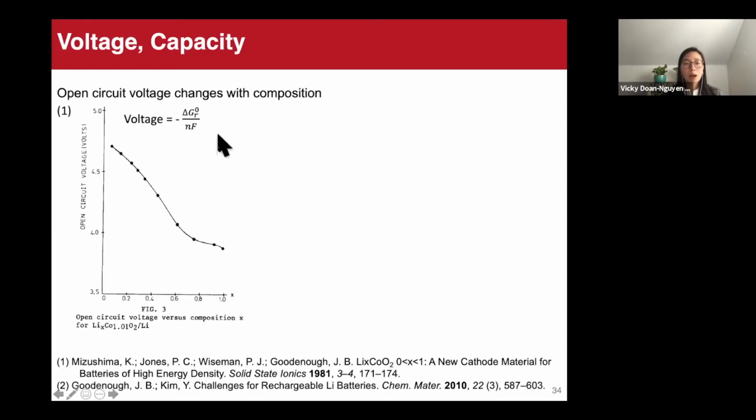So even without discharging, you can also measure just the open circuit potential.